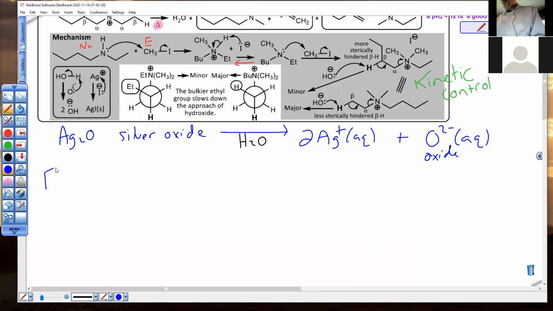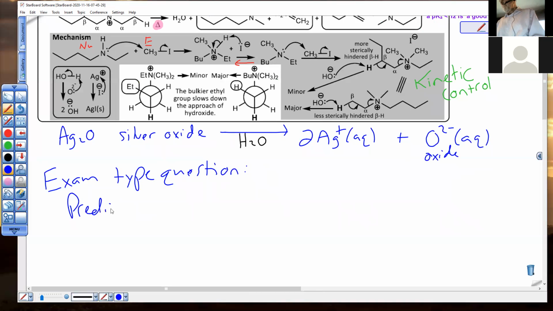Exam type question. Predict products. So we'll have a molecule like this. We'll do one that has a little bit of everything.